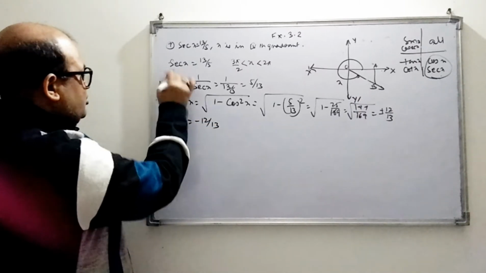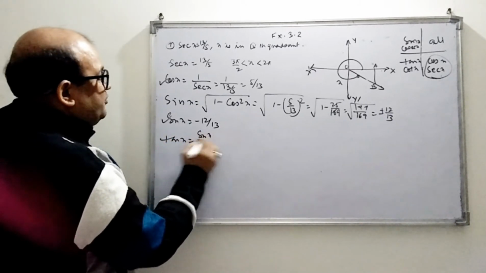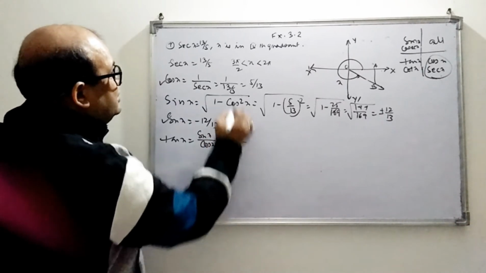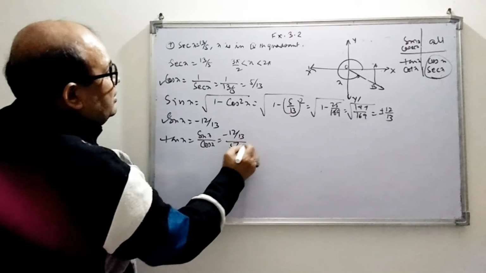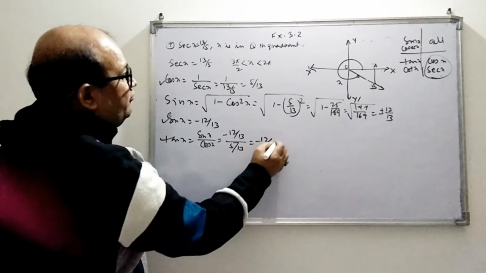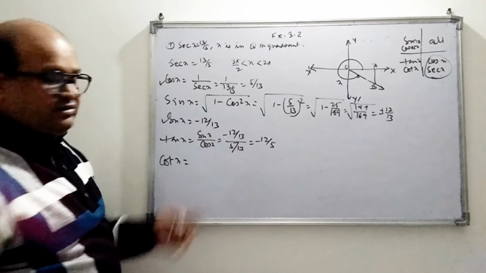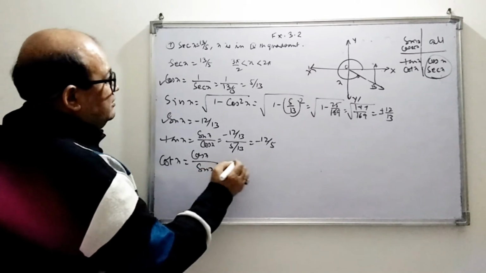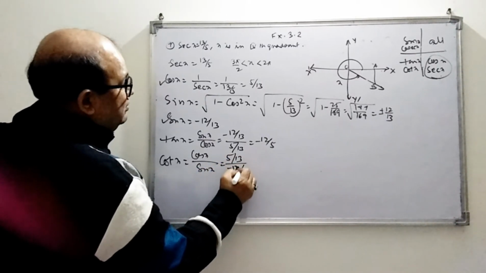Now sin x we got, cos x we got. Let us start with tan x. Tan x is sin x upon cos x. Sin x is minus 12 upon 13 and cos x is 5 upon 13. So what I got is minus 12 by 5. Cot x is cos x upon sin x. That is 5 upon 13 upon minus 12 upon 13.